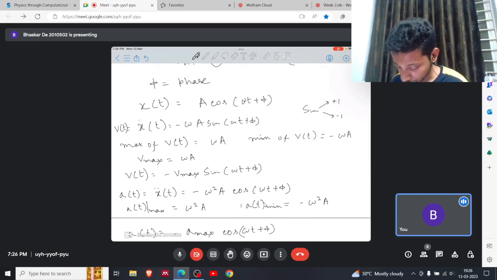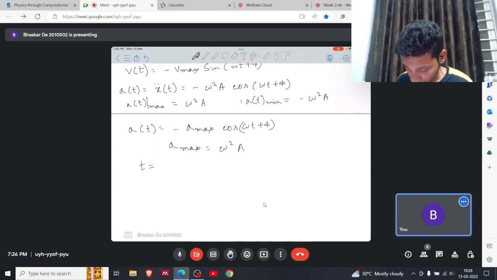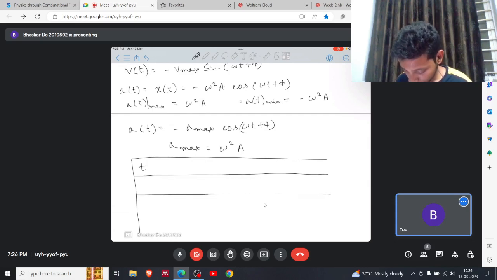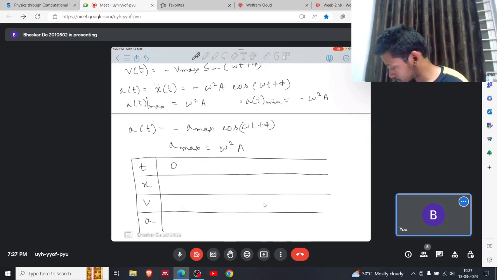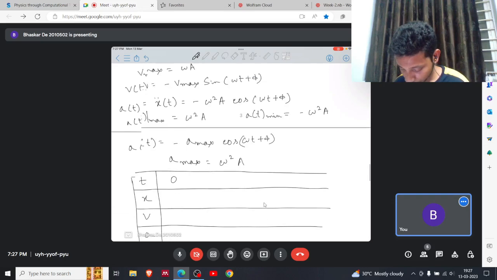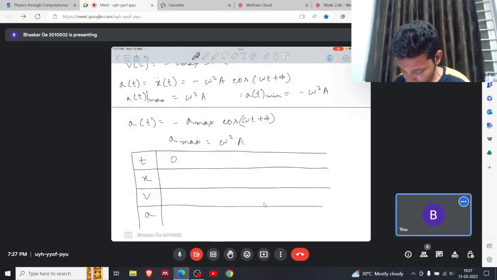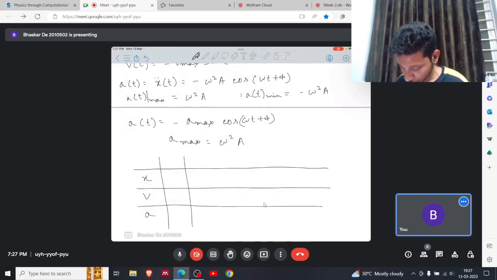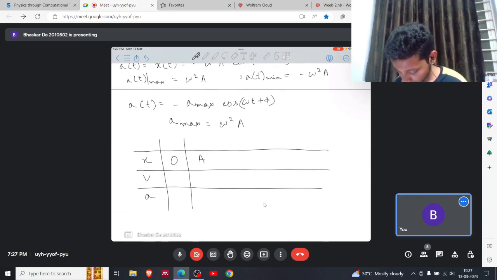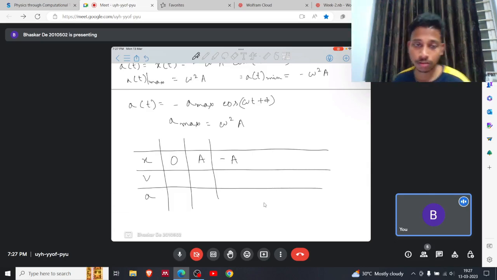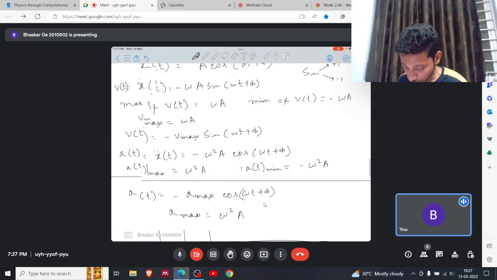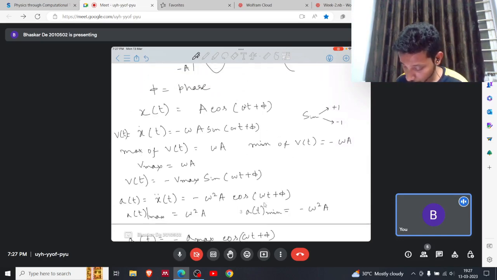Now here, when I put, let's say, t, there are three conditions of x, that is 0, A, and minus A. So when x equals 0, that means cos(omega t plus phi) is 0.